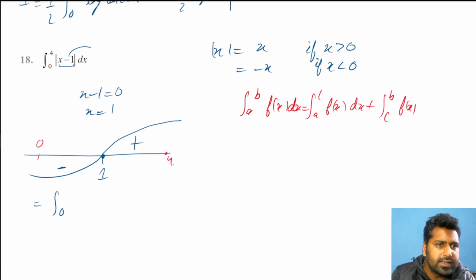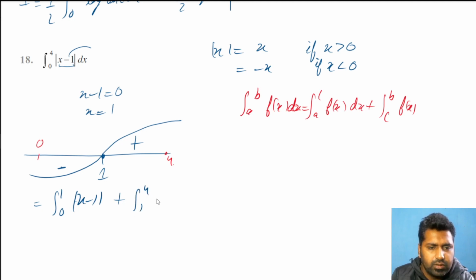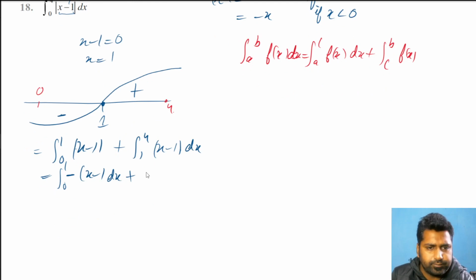I'm going to break this in two parts, 0 to 1 mod of x minus 1 plus integration 1 to 4 mod of x minus 1. And now we can open this mod because from 0 to 1 it is going to open with a negative sign, minus of x minus 1, 0 to 1 dx, plus 1 to 4, it is positive, so it will open with positive.